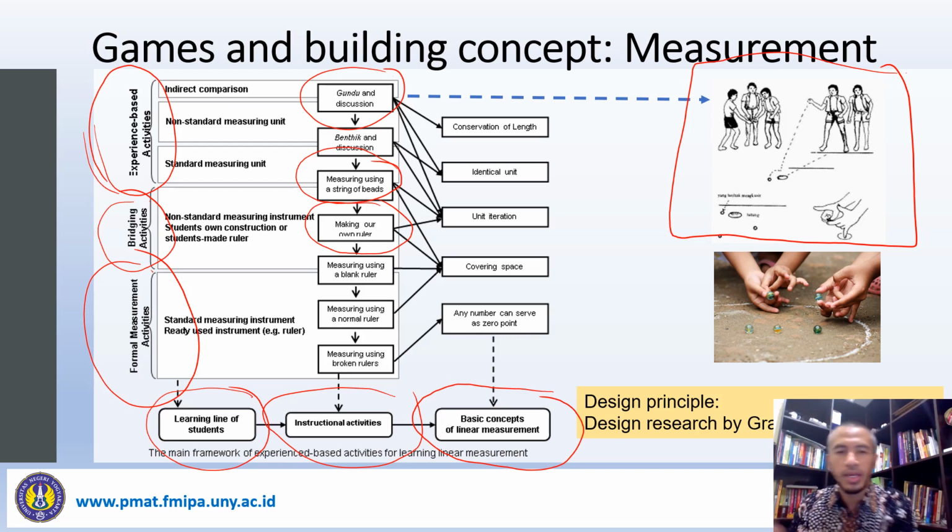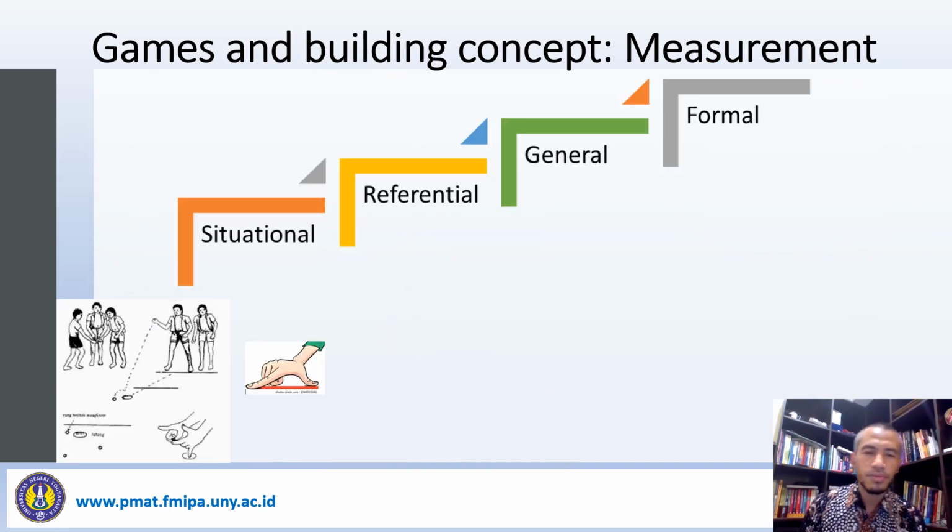And then at the end, they will arrive at the final level of measurement, that is by using a normal ruler. Here's an example of how an activity moves from situational level to referential level, general level, and formal level.